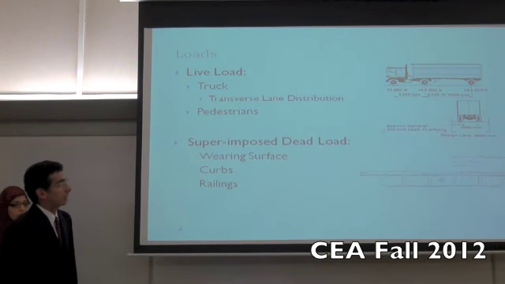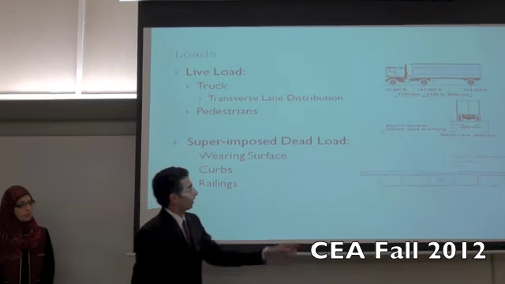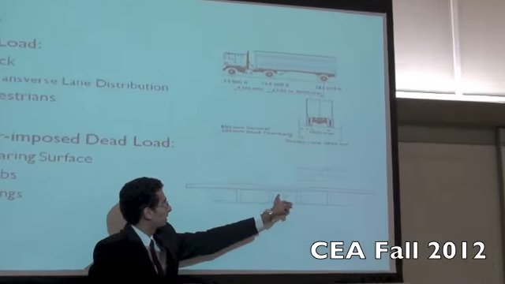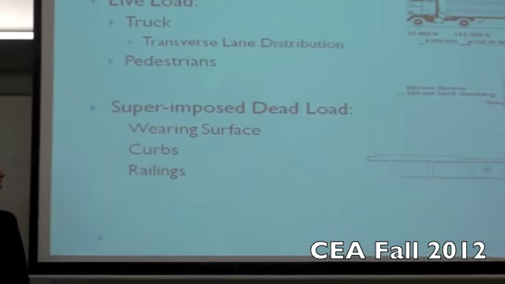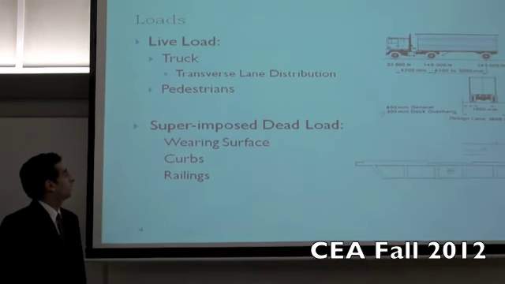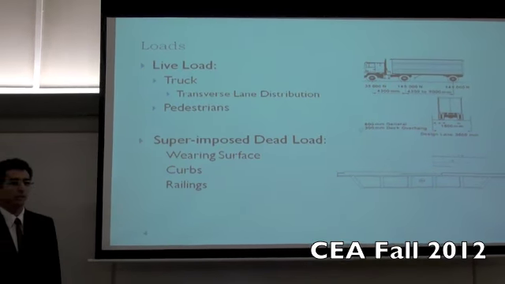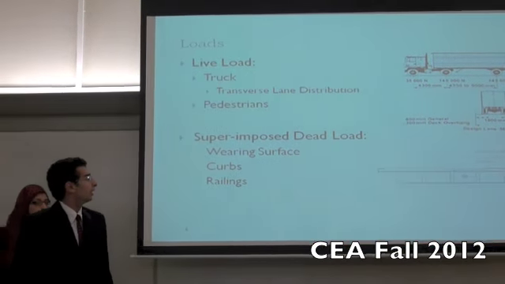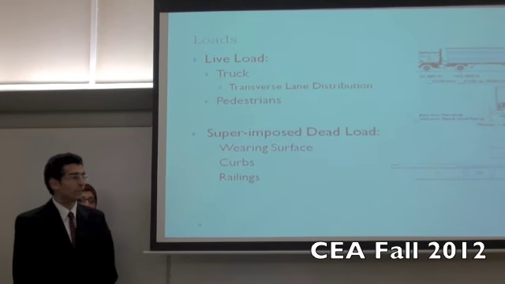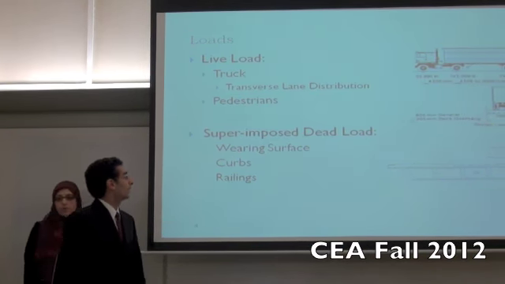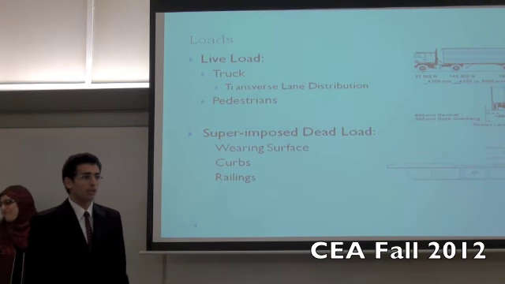And the pedestrian load will be in the middle of the bridge between the middle racks, 3.16 kilonewtons per meter square. And for the superimposed load, there is a wearing surface, which is the asphaltic layer. It is 0.95 per meter square, and the curbs are on both sides of the bridge.